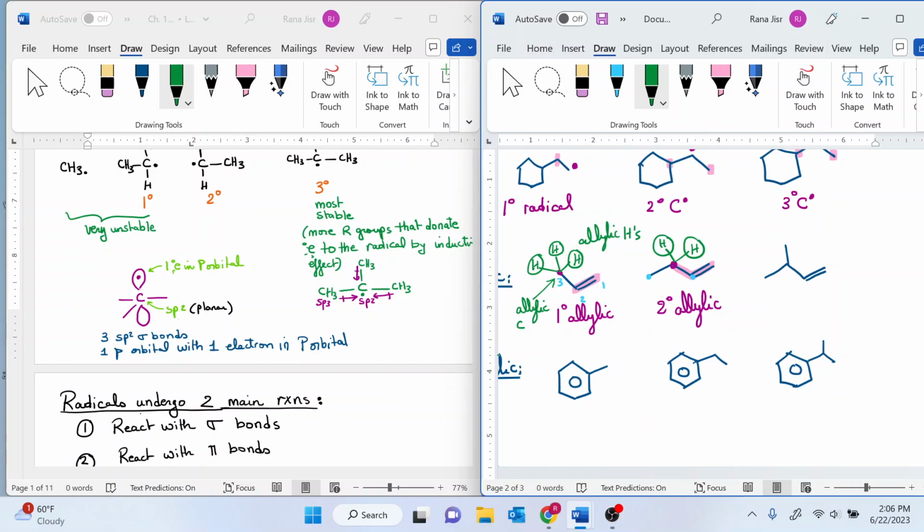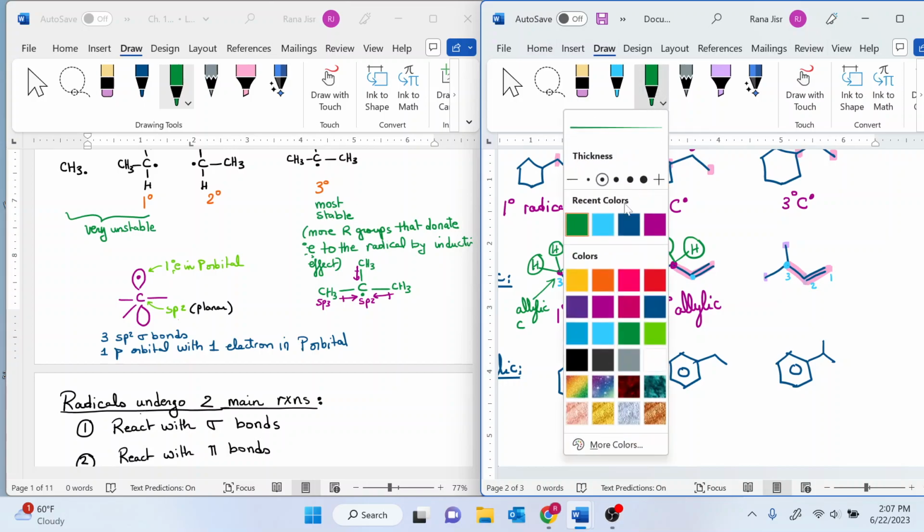And I'm going to end up having in the third example a tertiary allylic. So again, look at carbon number 3 of the double bond. This is 1, this is 2, this is 3. And this carbon is connected to 3 groups. It's connected to 1, 2, and 3 groups in there. So that is called a tertiary allylic.